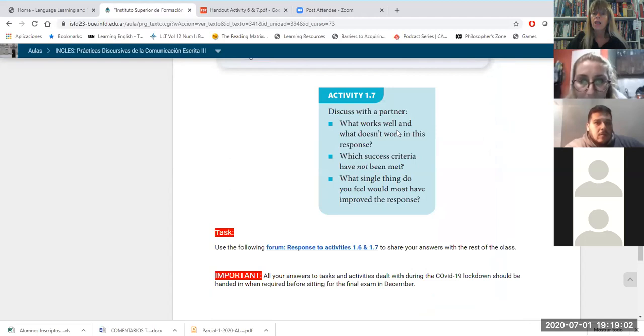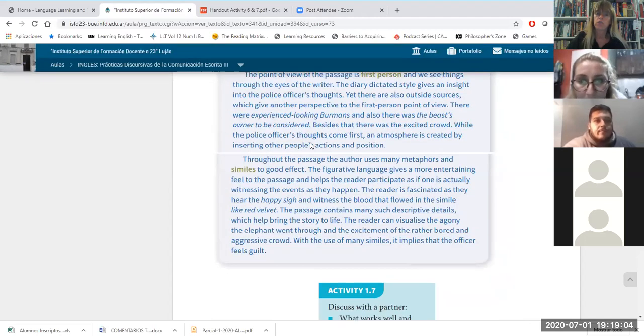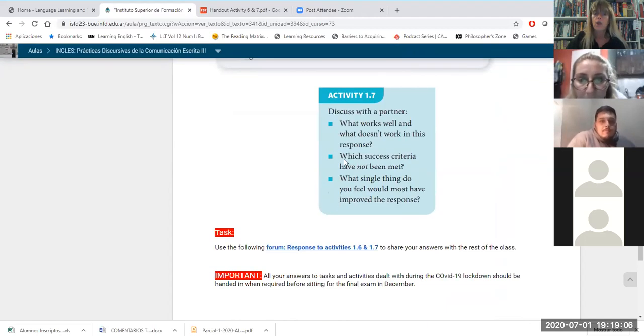What works well and what doesn't work well in this response? Which success criteria have not been met? So you need to go back to the do's and don'ts. Then what single thing do you feel most needs to be improved in the response?